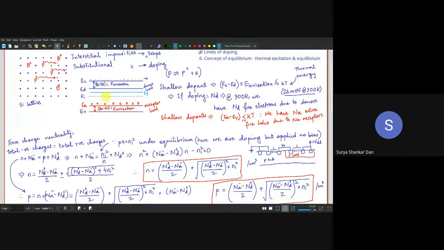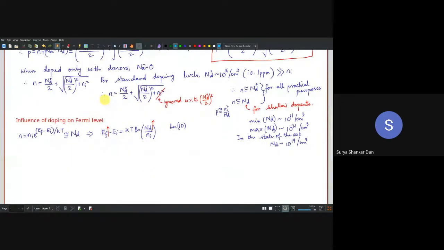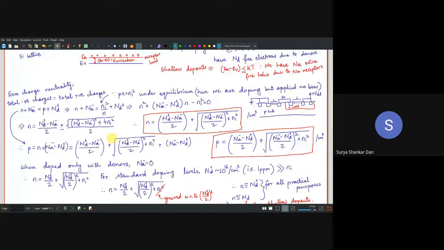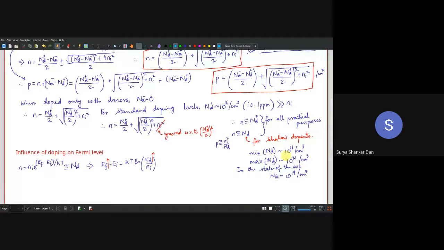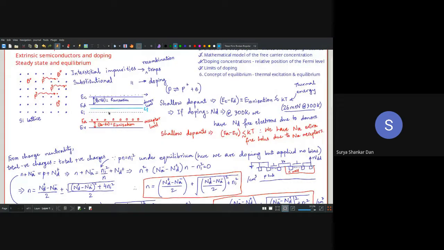If you are choosing EA, it will start moving down. So what is the influence of doping on the Fermi energy level? The Fermi energy level starts to shift towards the conduction band. Now let us talk about the maximum ND value. EF minus EI will essentially become almost half of the band gap, that is EC minus EI.